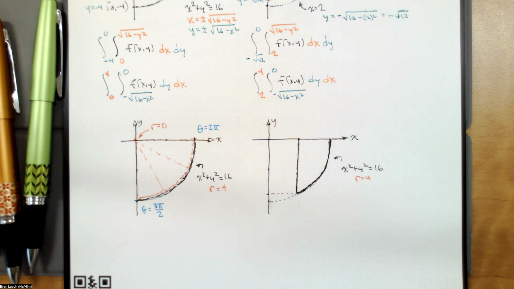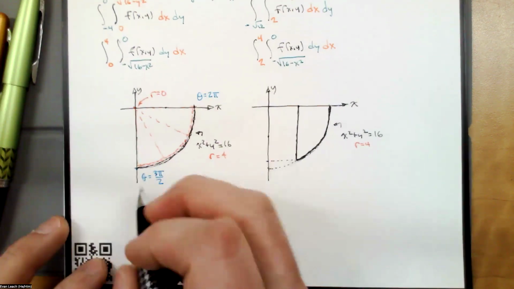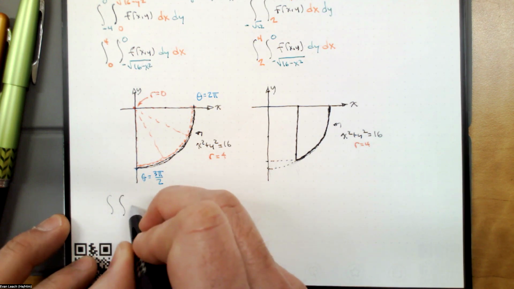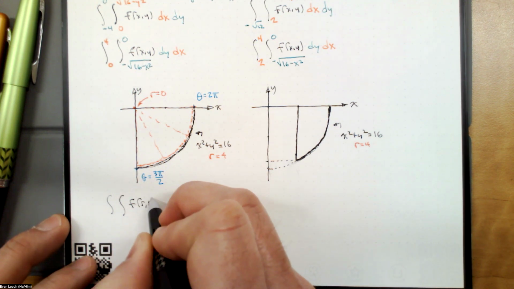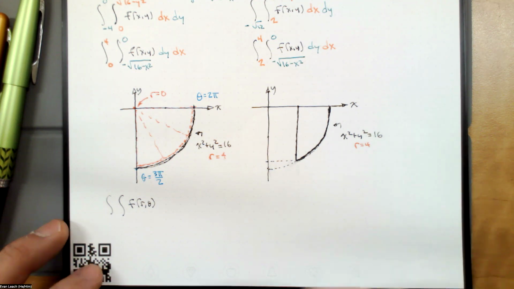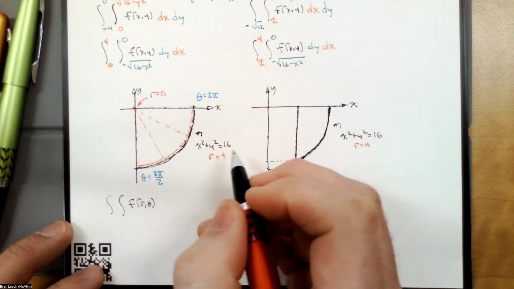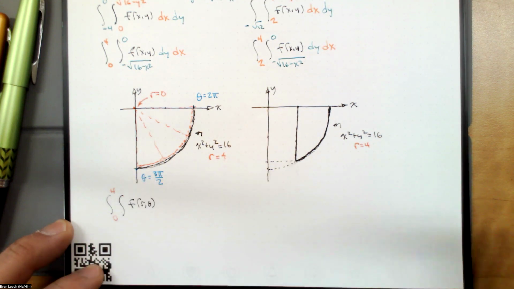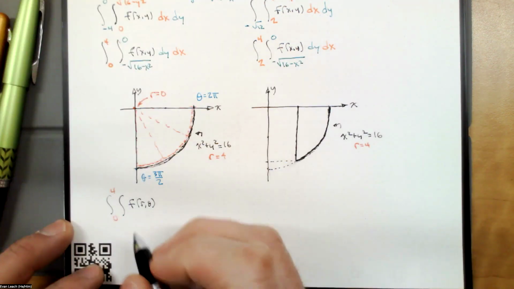The other thing that we have to remember when we're writing a double integral in polar coordinates is that dA needs to have that extra factor of r to turn d theta into a length. So our double integrals here will be very simple because we just have two intervals. I can integrate r from 0 to 4 and theta from 3 pi over 2 to 2 pi.